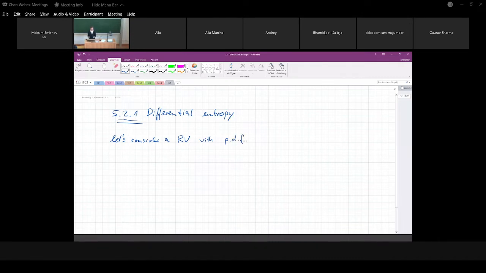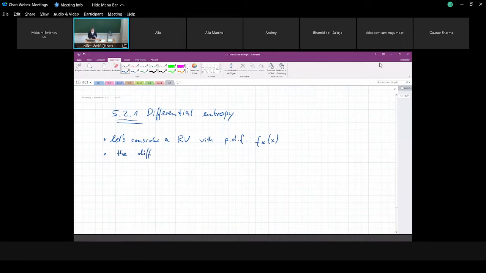Now we have to switch from the probability mass function to the density function, okay? And then we say the differential entropy.